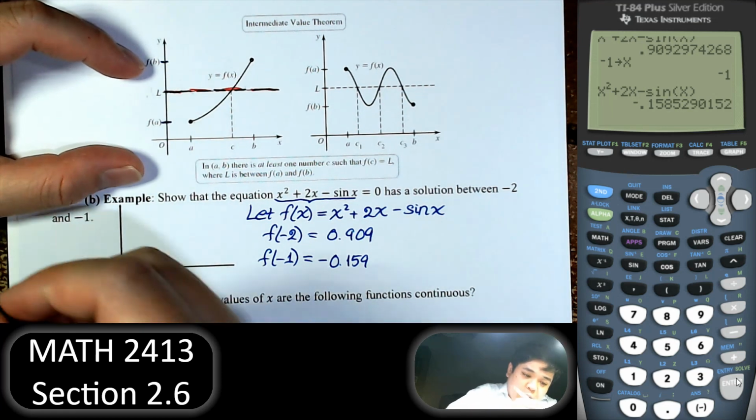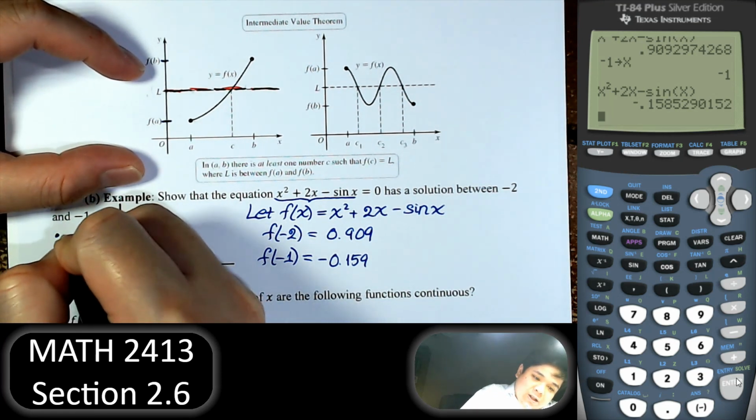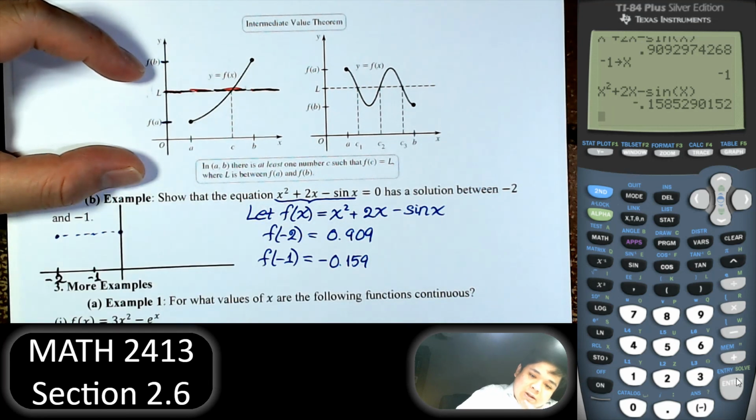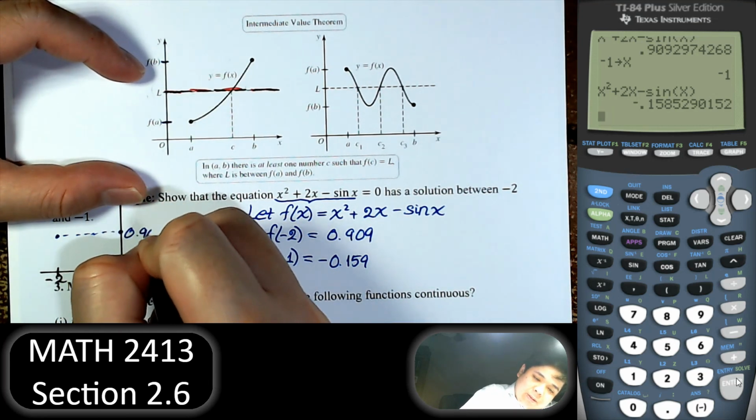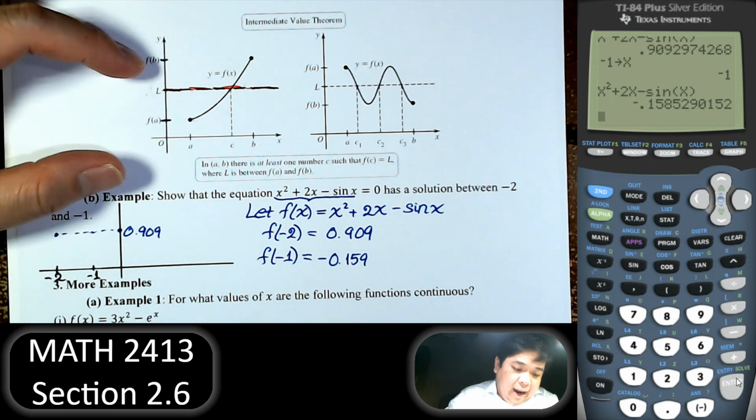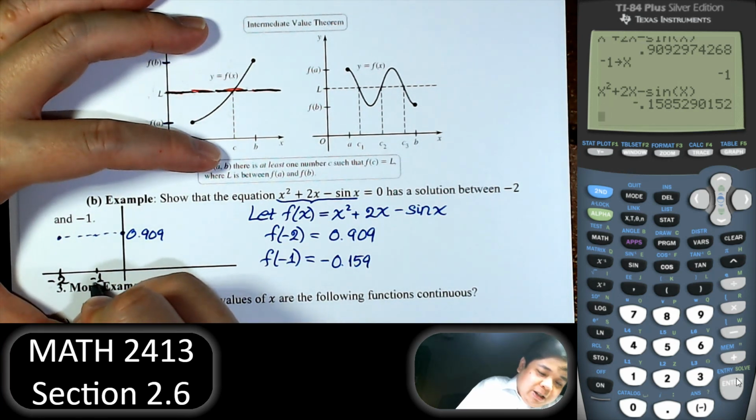Right. The point here is one of them is positive. f of -2 is positive, and f of -1 is negative. It's not a very good graph.